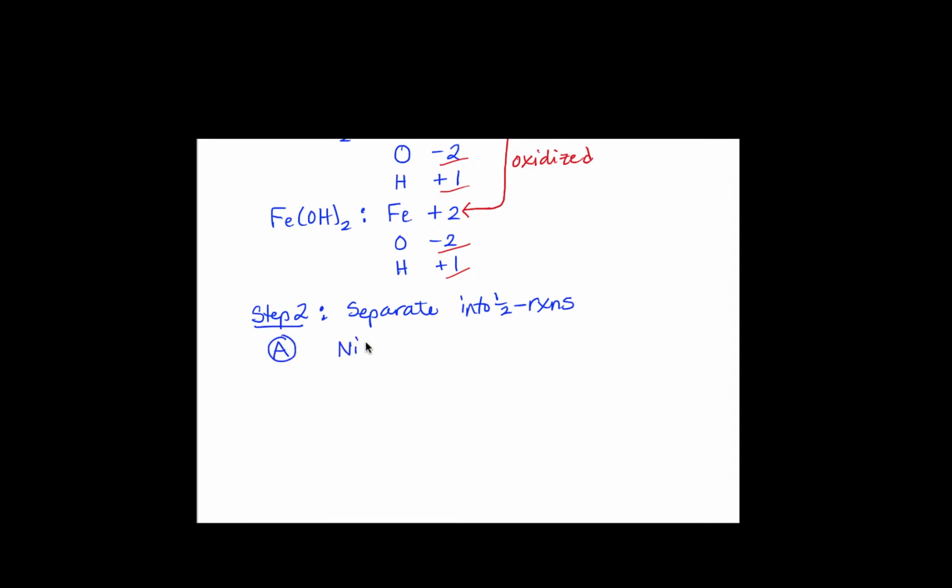So my nickel oxide turns into nickel hydroxide in one half reaction, while the iron turns into iron hydroxide as well.